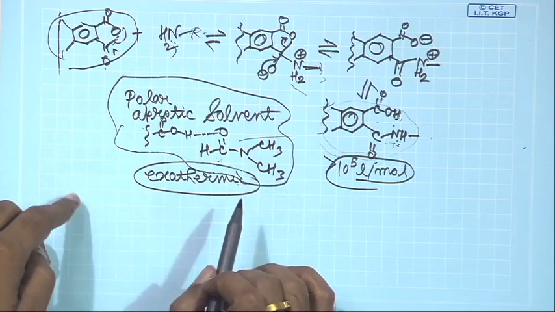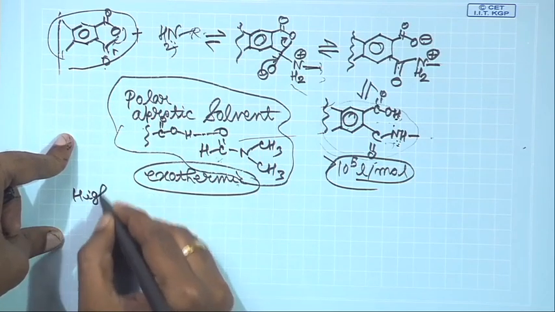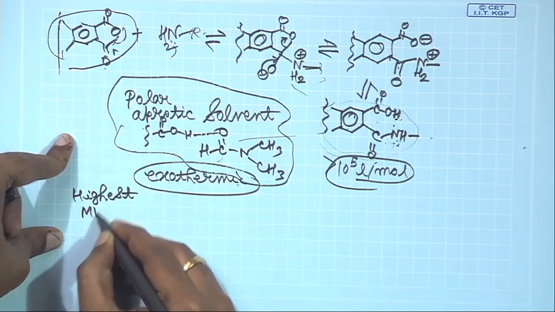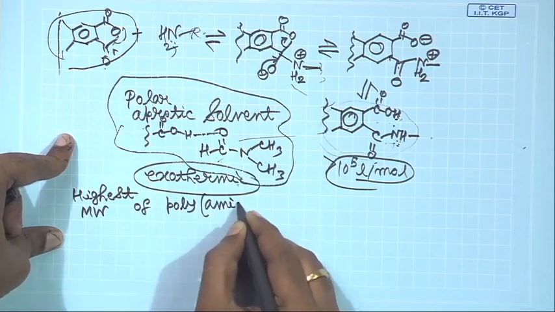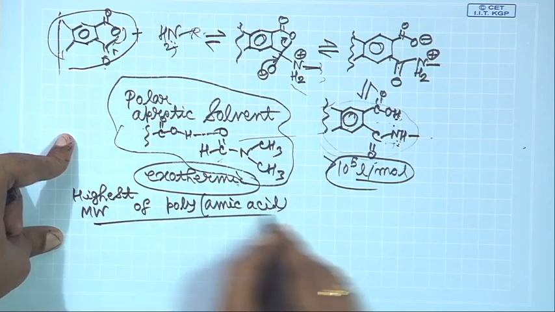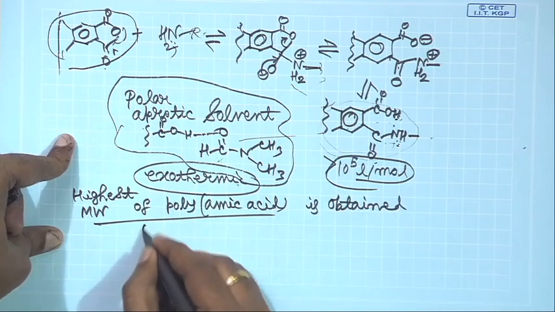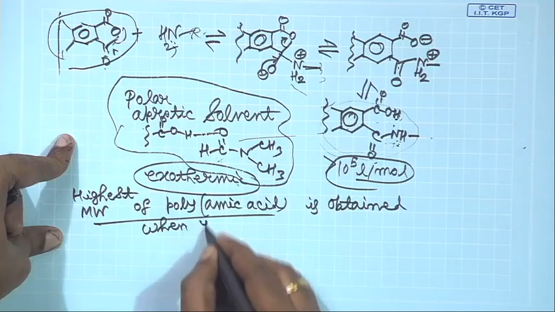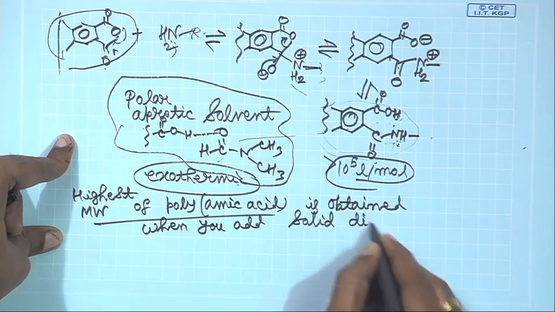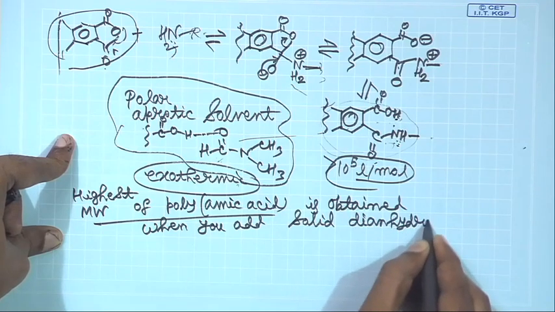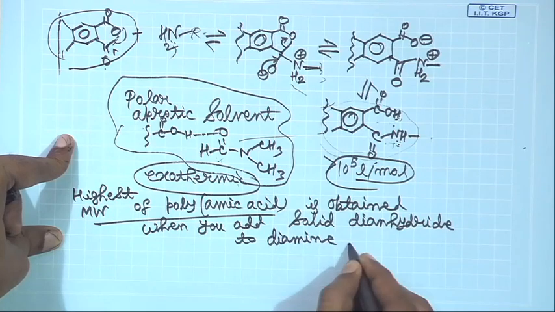Another thing is that the highest molecular weight of polyamic acid is obtained when you add solid dianhydride to diamine solution.